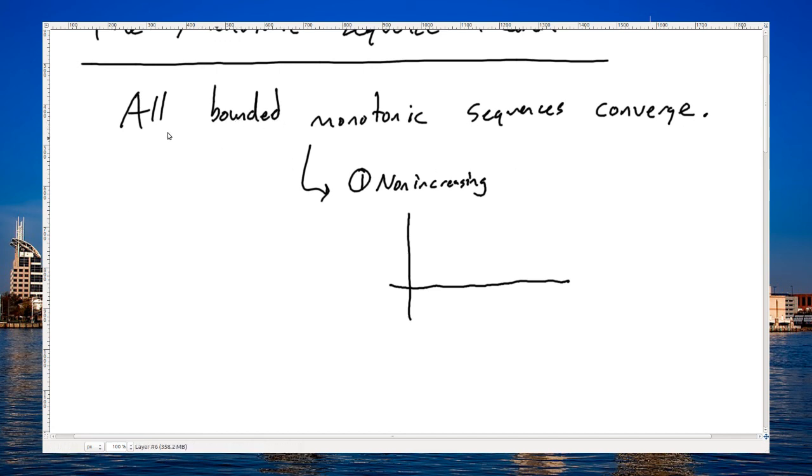So let's draw the bounds. So it has some sort of bound, like so. And it's non-increasing. That means it's always decreasing or staying the same. So it starts here. It can stay the same if it wants. It can decrease.